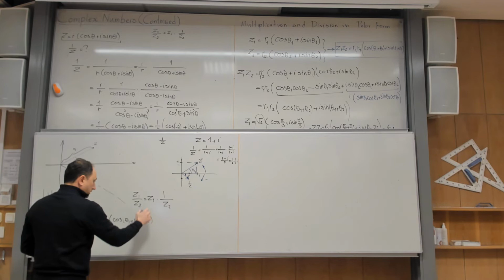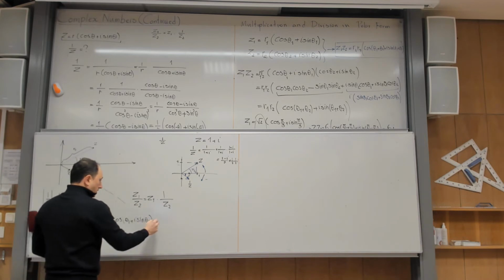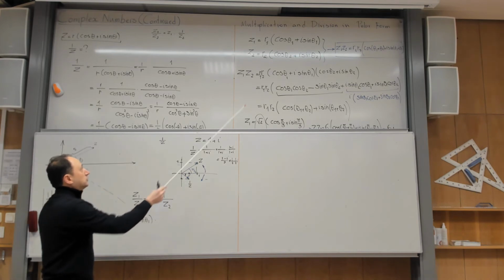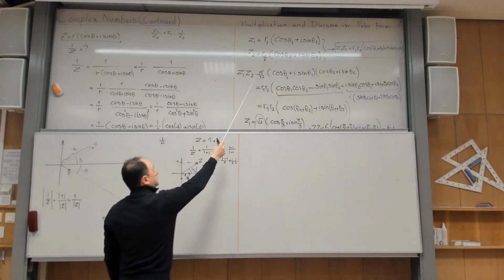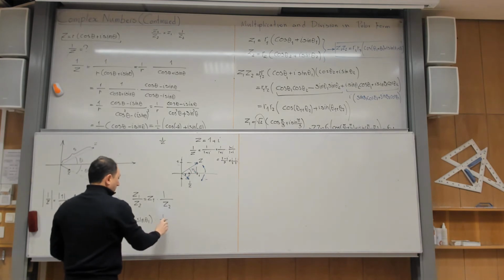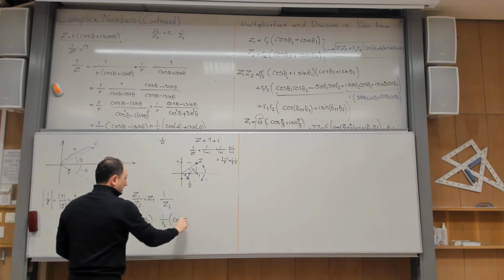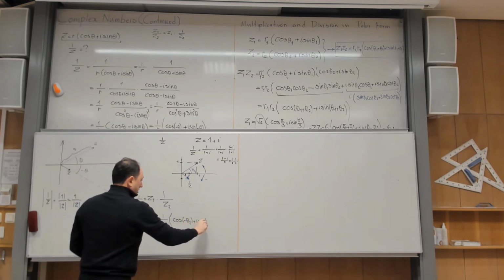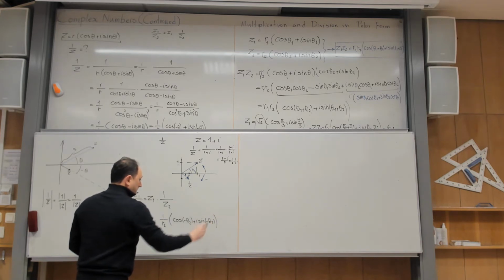This is Z1, multiplied by 1 over Z2. Well, we just learned what to do for 1 over Z2. I find the reciprocal of R2, which becomes 1 over R2. And then what I need to do is to multiply the argument by a negative sign. Understandable?